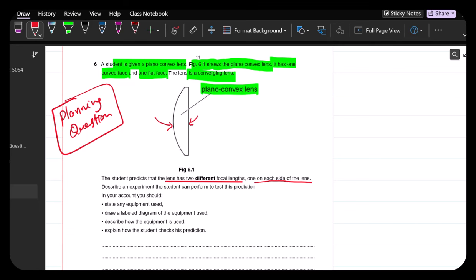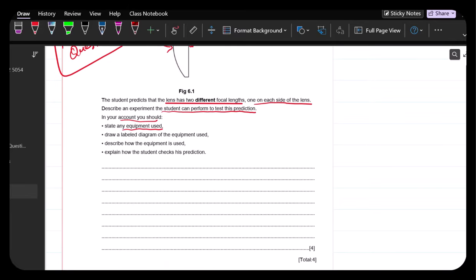Describe an experiment the student can perform to test this prediction. In your account, means in your investigation, state any equipment used. So what additional apparatus is required? You have to write that. The screen is not given to you. So the additional apparatus required is a screen, and you can say a ray box because we have to drop rays of light as well.